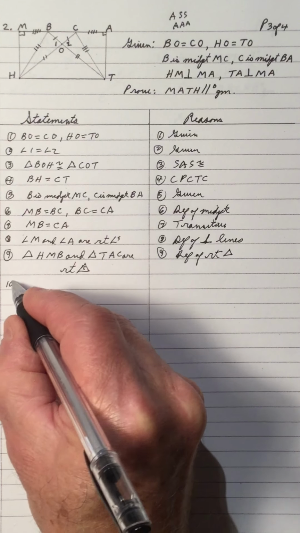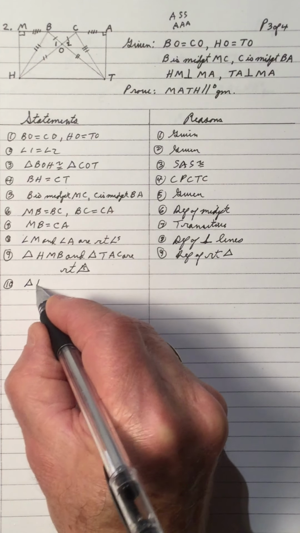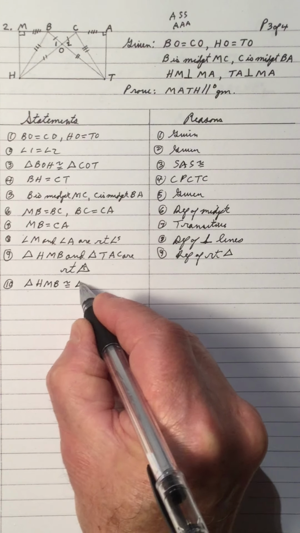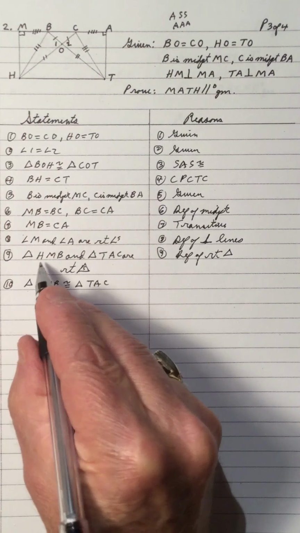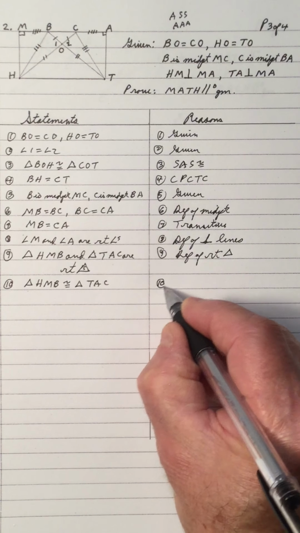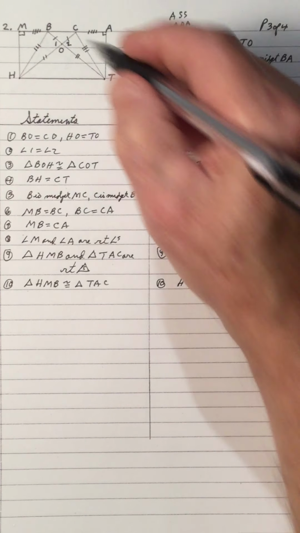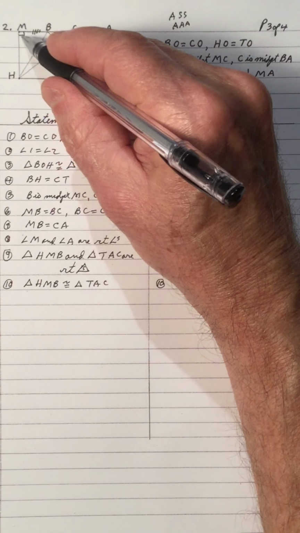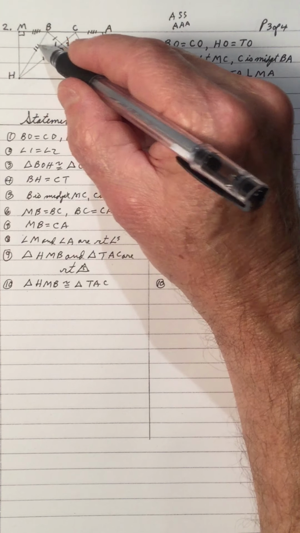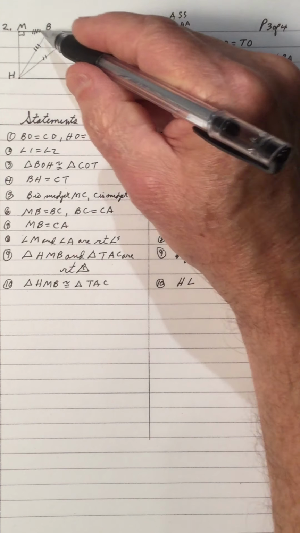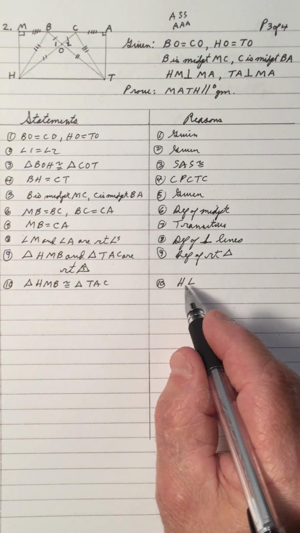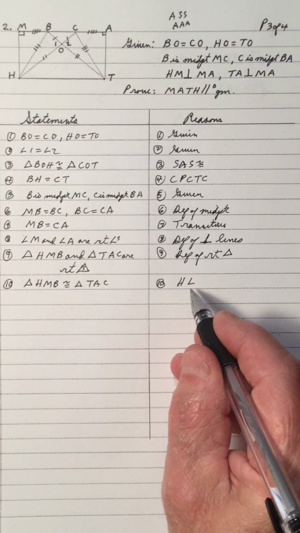And as a result, now we have two triangles. Two triangles are congruent. HMB and TAC are congruent by what we call the hypotenuse leg. This is the hypotenuse of the right triangle opposite the right angle. That's the hypotenuse of this right triangle opposite the right angle. The two hypotenuses, which represents the H, and MB and CA are the legs. So the two triangles are congruent by HL, hypotenuse leg.